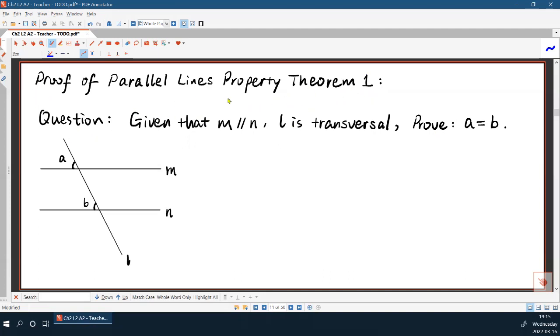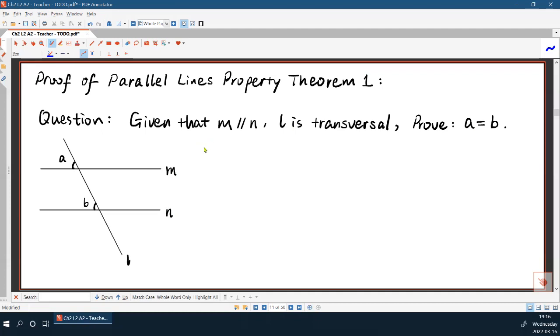The question is like this, right? As shown in this figure, given that line M is parallel to line N and L is the transversal, prove A equals B, right? This is our question. Okay, how can we prove this?